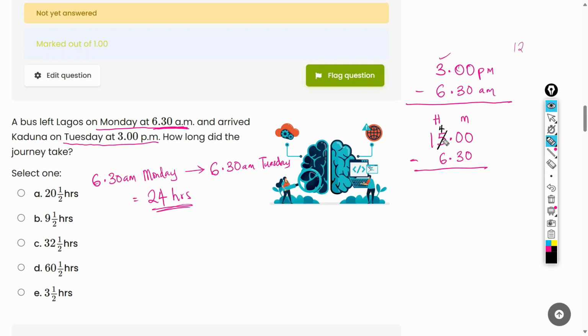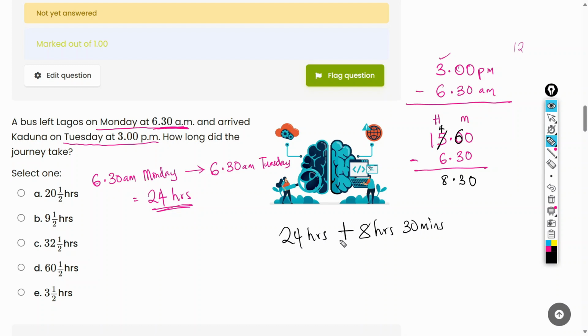Now we can do 60 minus 30, because 0 minus 0 is 0, 6 minus 3 is 3. And then we have 14 minus 6, which is 8. So this means an extra 8 hours, 30 minutes, plus the initial 24 hours spent.